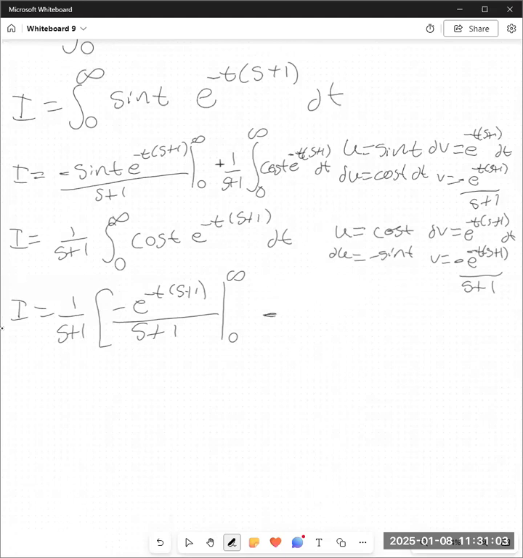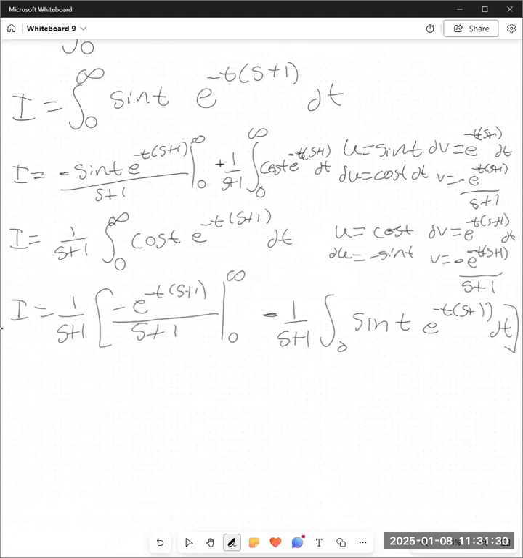So that's 3 minuses, there's still a minus in here. Let's take the constant out here: 1 over s plus 1, integral from 0 to infinity of sine t e to the negative t times s plus 1 dt.